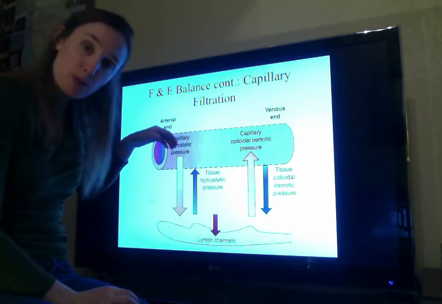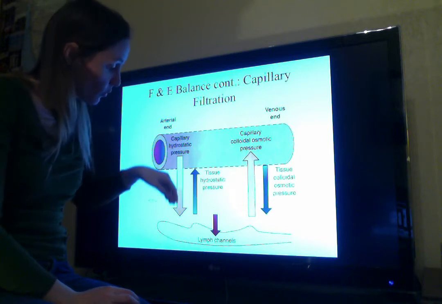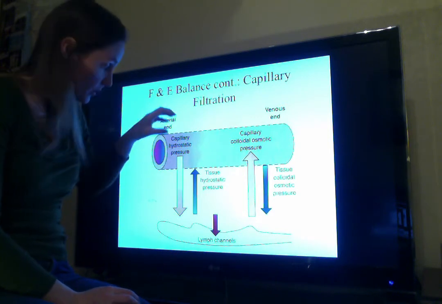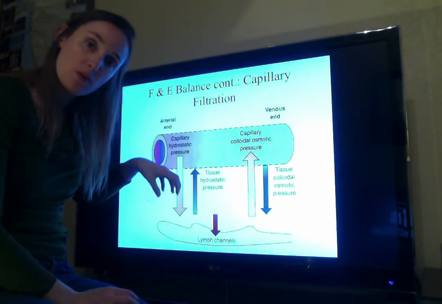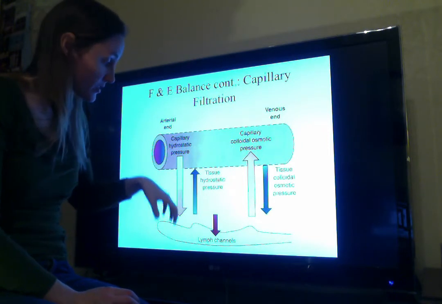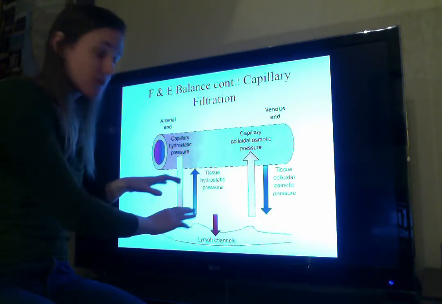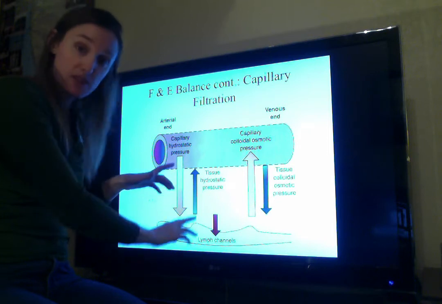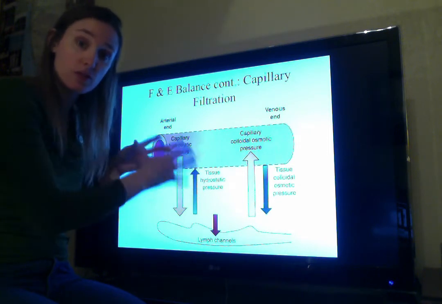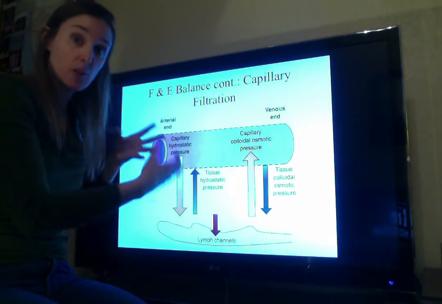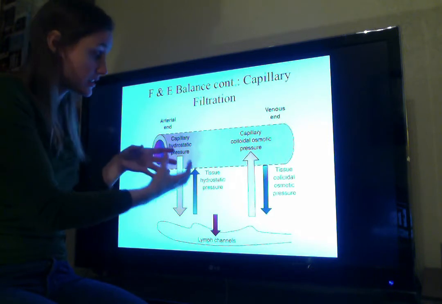This pressure will exert a force outside of the blood vessel, and it will make things seep out through those capillary pores into the tissue. There is some fluid in those tissues, so intrinsically there's going to be pressure coming from those tissues.